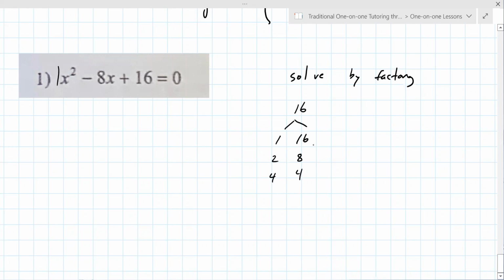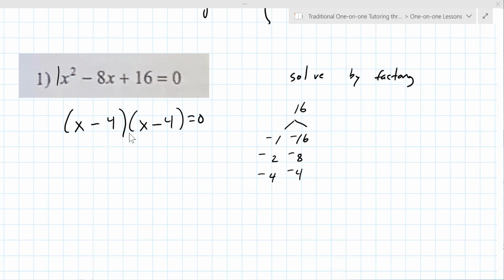But they could also be negative. So do any of these add up to -8? Yes, the 4s. So it becomes x minus 4 times x minus 4 equals 0.